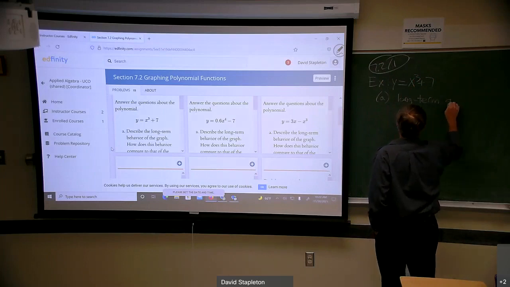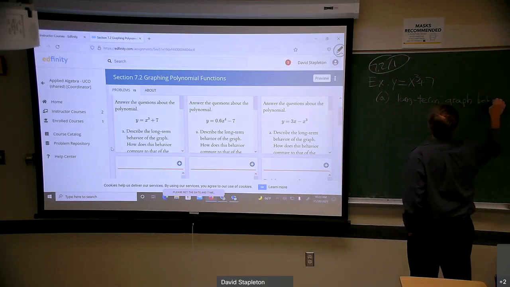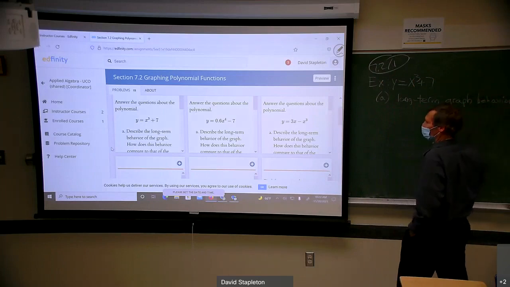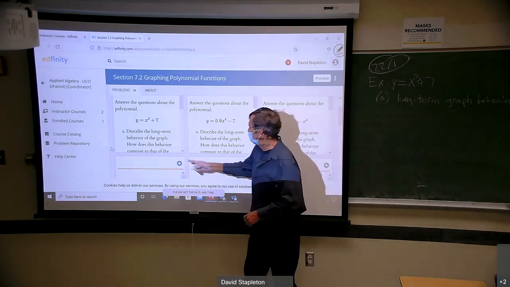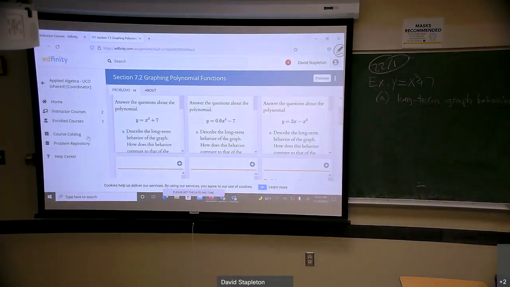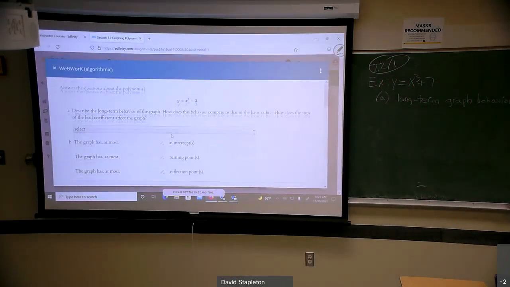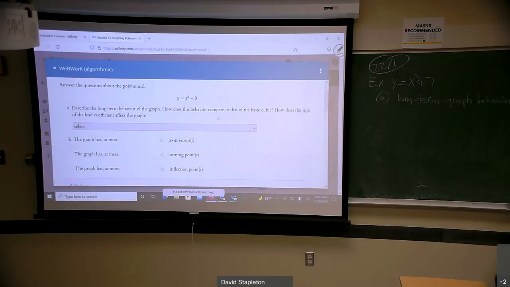What are they asking for? How does this behavior compare to that of the graph of the basic cubic, y equals x cubed? And how does the sign of the lead coefficient affect the graph?